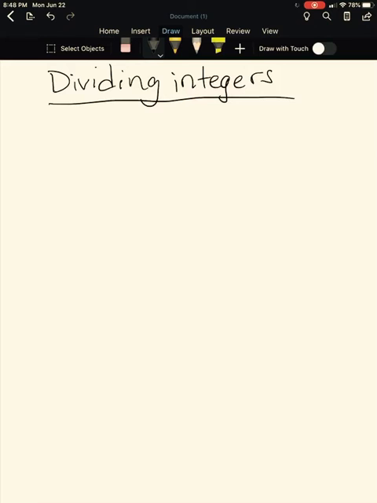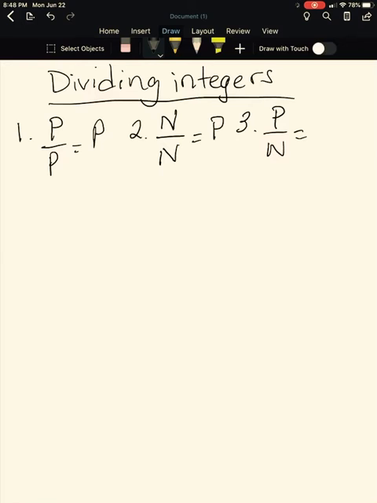The first rule is still the same thing: a positive divided by a positive is going to equal a positive. Number 2, a negative divided by a negative is going to equal a positive. Number 3, a positive divided by a negative equals a negative.